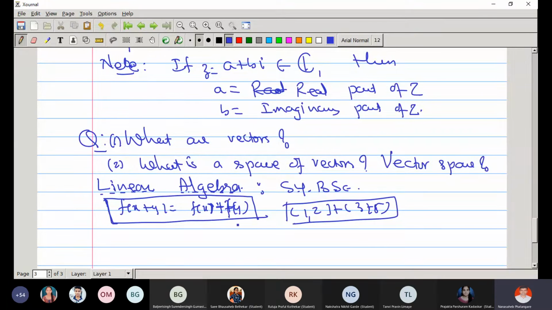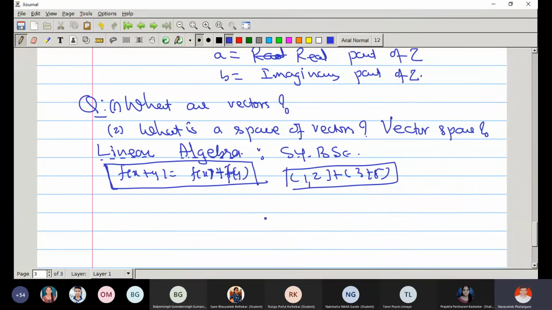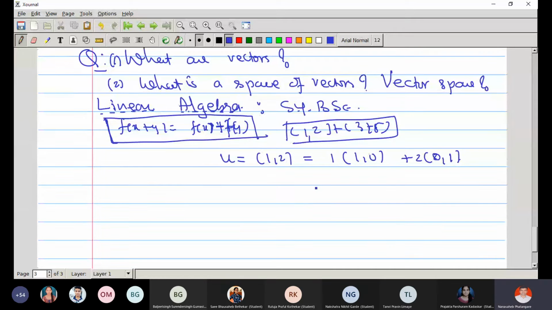So what is the meaning of 1 and 2 in case of vector? If you are looking at vector u equal to 1 comma 2, what basically it says is 1 into (1 comma 0) plus 2 into (0 comma 1). And if you look at the plane R2, 1 comma 0 is here, 0 comma 1 is here, and their combination with two scalars 1 and 2 gives you vector 1 comma 2.